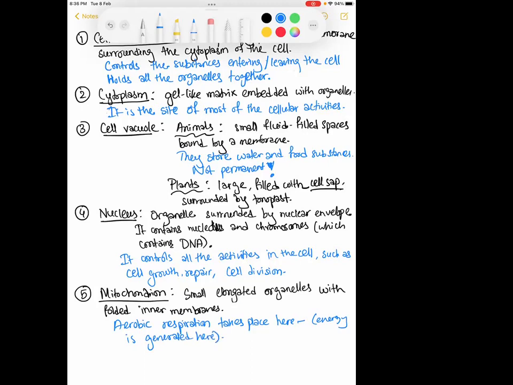Okay, next is chloroplast. These are oval, membrane-bound organelles filled with chlorophyll.